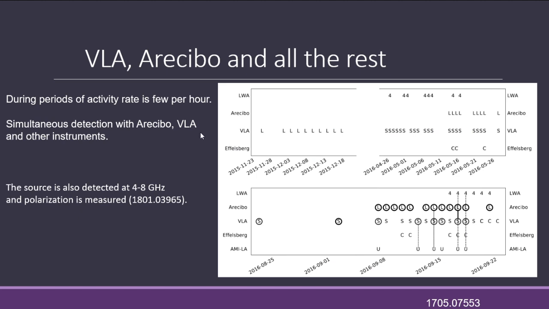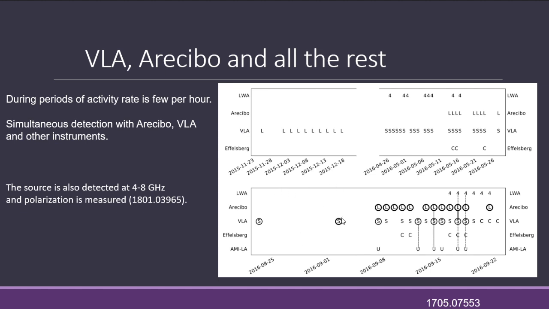It happened so because it was observed with the VLA radio telescope system. Actually, even more. It was simultaneously observed by many radio telescopes, and we see it in this plot. Along the horizontal axis, just the time is running, with the different dates of observations. And the source was observed with 4 antennas, or sometimes clusters of antennas in the case of VLA. It's not a single antenna.